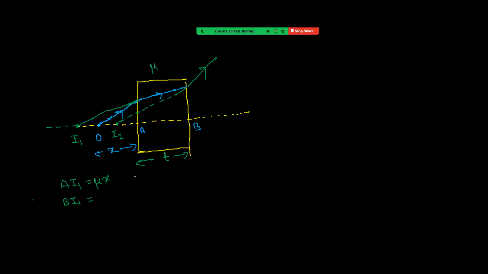So BI1 is equal to AI1 plus T, that is mu x plus T.